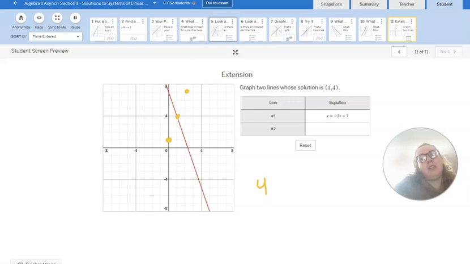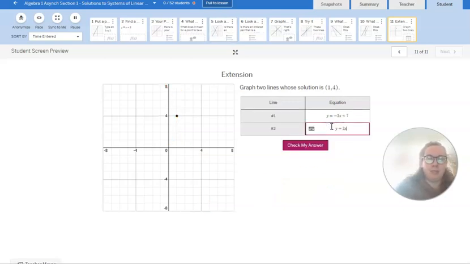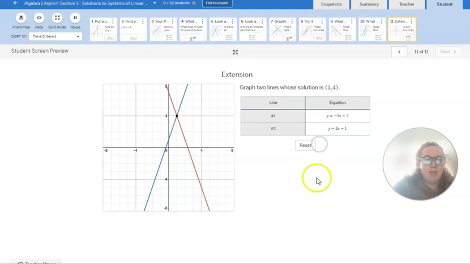So that one has a slope of +3 and a y-intercept of 1. So we have y = 3x + 1. And there we go, they intersect. There are an infinite amount of answers to this extension problem, using any slope and y-intercept that's going to make it so it goes through that solution point of (1, 4).